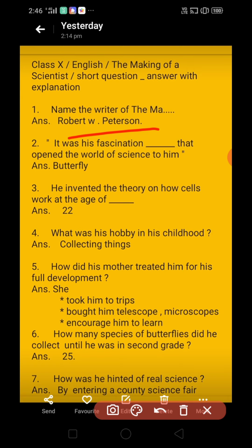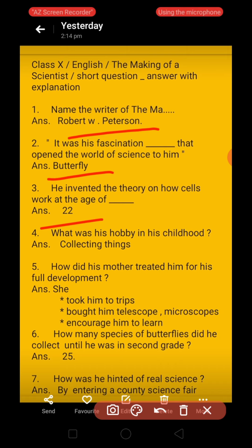The answer is the butterfly. Next question is, he invented the theory of how cells work at the age of what? Here you have to mention the age of the writer when he made this. So the answer will be 22 years.